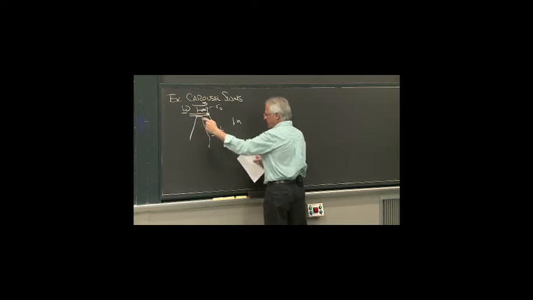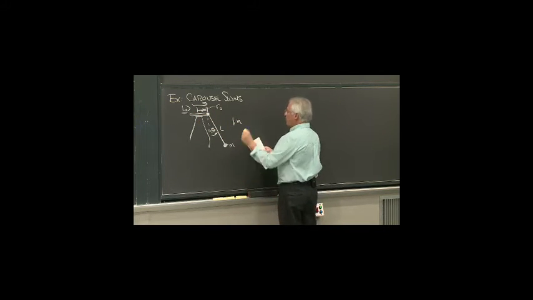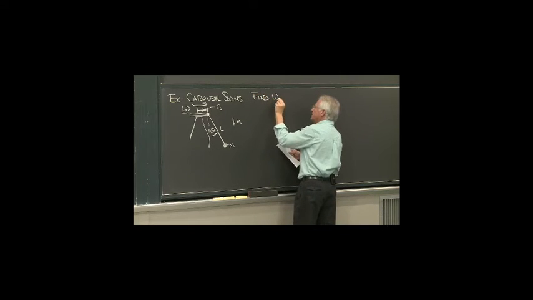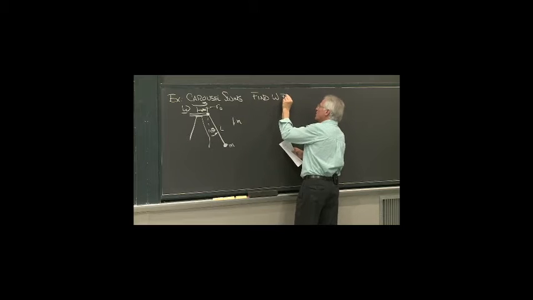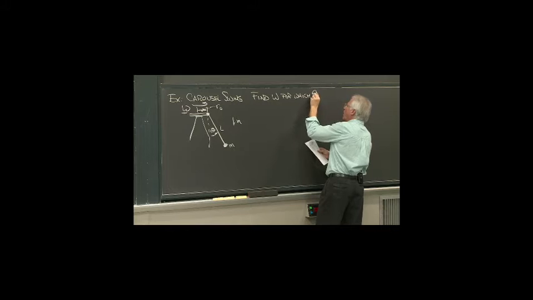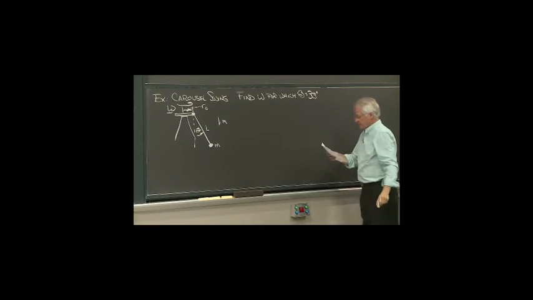The whole thing is spinning with an angular velocity omega, and the question on the floor, very carefully chosen, is find the omega for which theta is equal to 30 degrees.